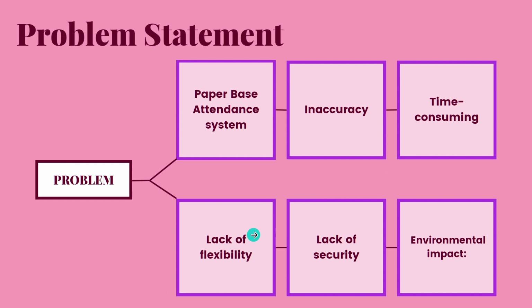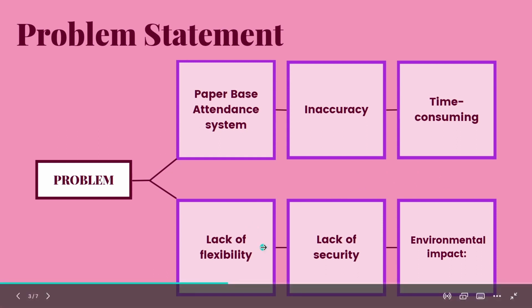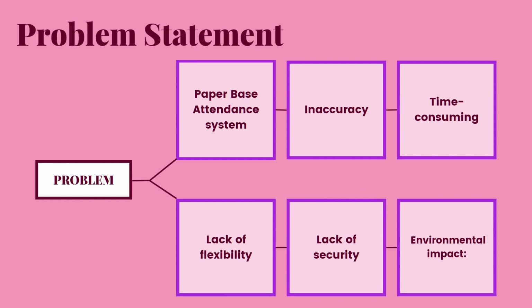The next problem is lack of flexibility. Paper-based attendance systems are inflexible and cannot easily be modified once they are in use. Then comes the lack of security. Paper-based systems are open to fraud or tampering.